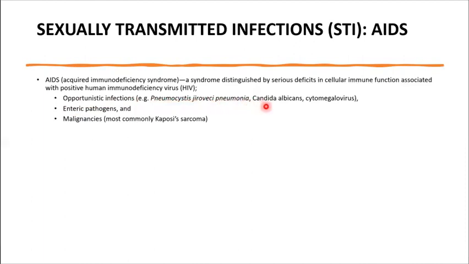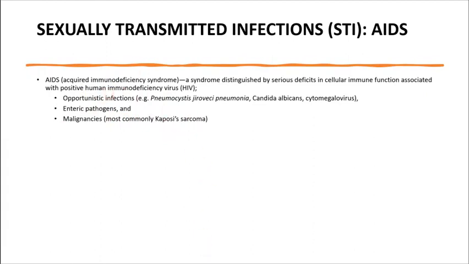We're also going to see Candida albicans and even cytomegalovirus. We'll also see enteric pathogens, and then we can also see malignancies. The most common would be our Kaposi sarcoma. So you're looking out for these opportunistic infections and this set of clinical presentations in a client with AIDS.